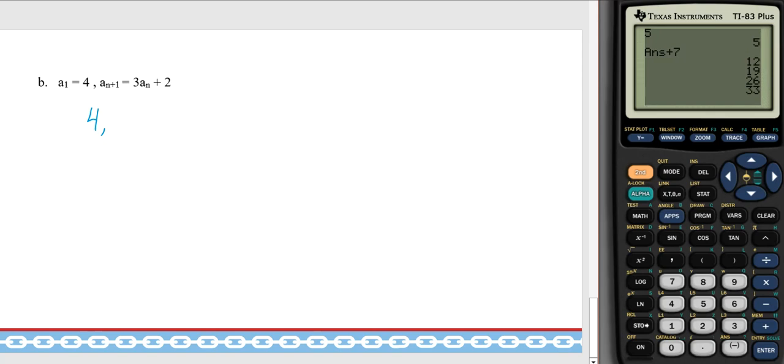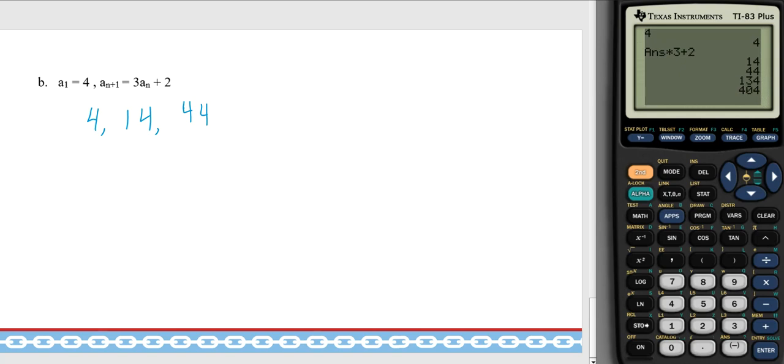So 4 times 3 is 12, plus 2 is 14. 14 times 3 is 42, plus 2 more is 44. I would just use the calculator. I'd put the 4 in, and then I can hit times 3 plus 2. There are my first 5 terms.